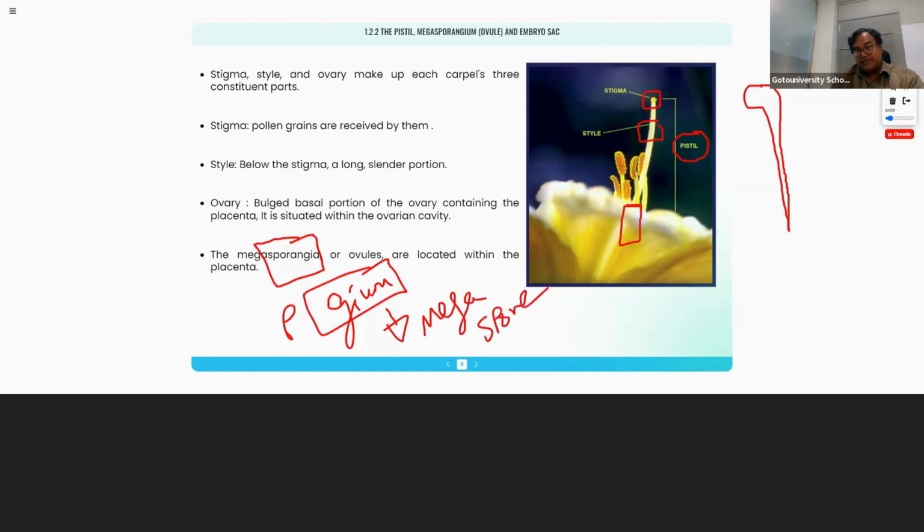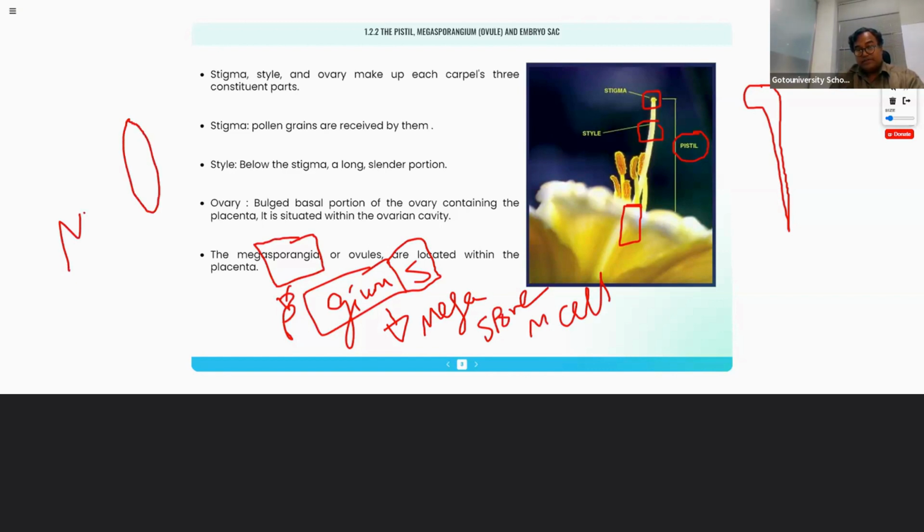Megaspore mother cell is present inside the megasporangium. Megasporangia is plural, megasporangium is singular, like this I already told you. This megaspore mother cell is a part of megasporangium. Megasporangium is a part of nucellus. Nucellus is a part of ovule.